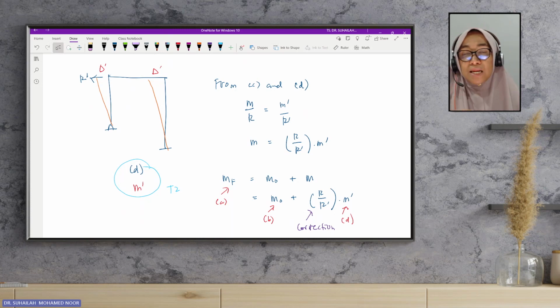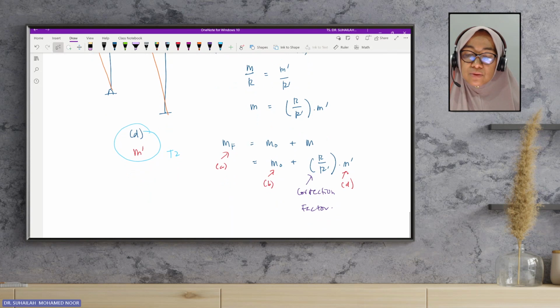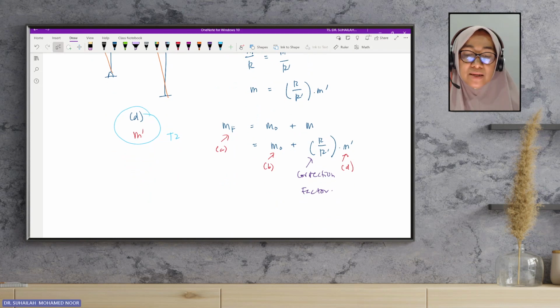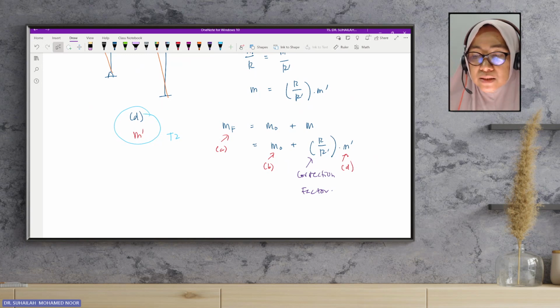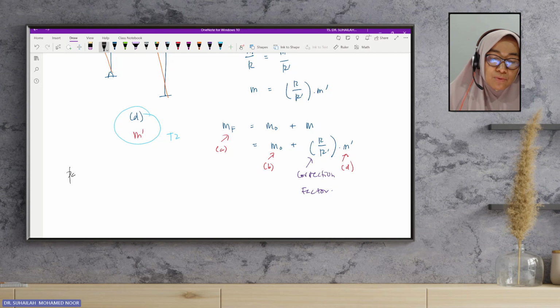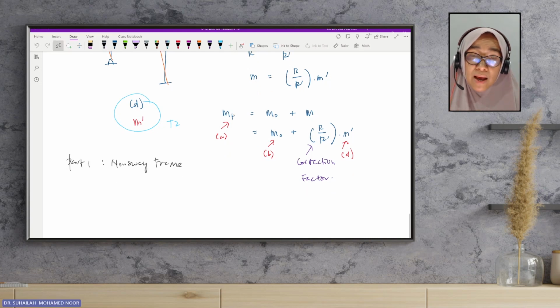Then we will focus on analysis. By understanding this, we are going to analyze diagram B and diagram D. Diagram B is called the non-sway frame. So part 1 is the non-sway frame. How does the frame look like?